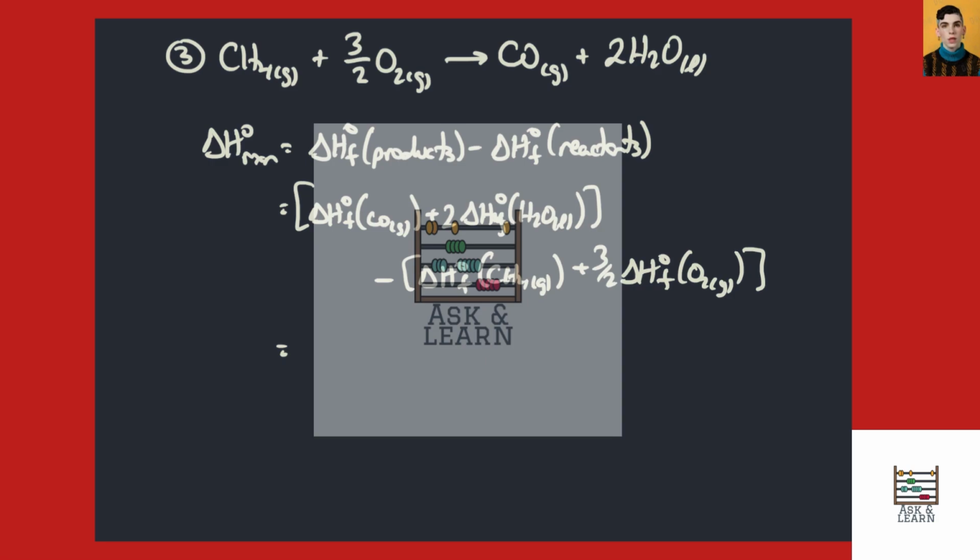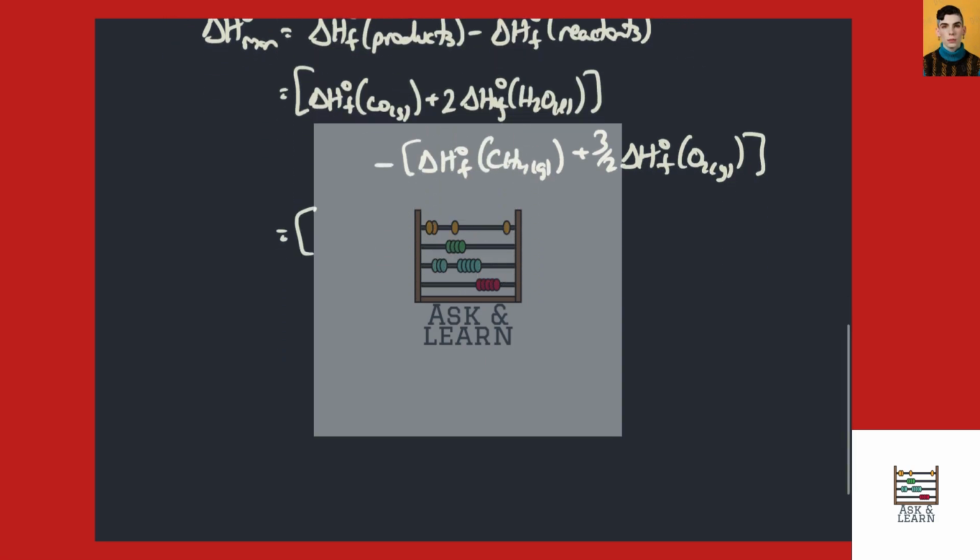The delta H naught formation of CO is negative 110.5 kilojoules plus 2 delta H naught formation of H2O liquid is negative 285.8, minus delta H naught formation of CH4 is negative 74.8.